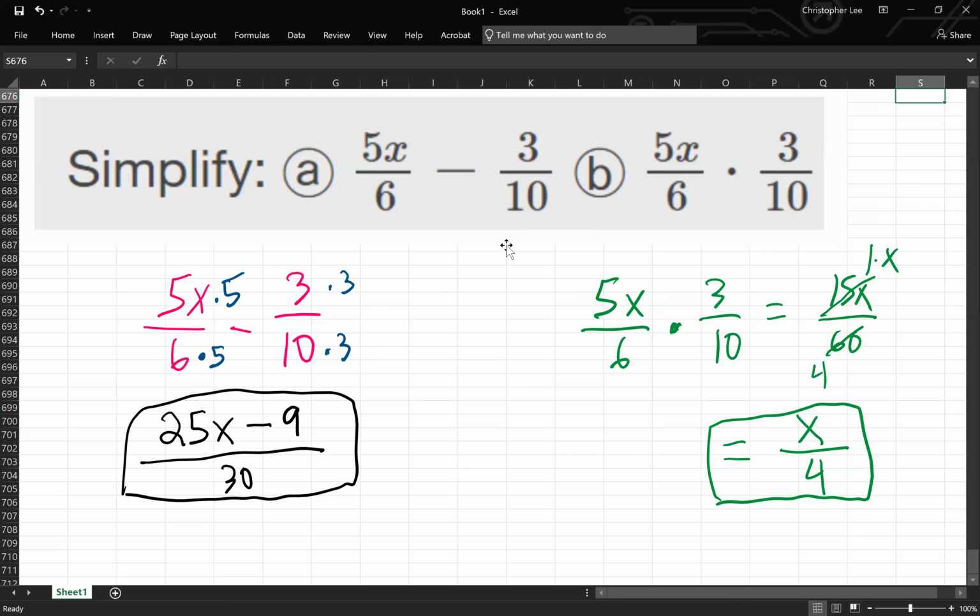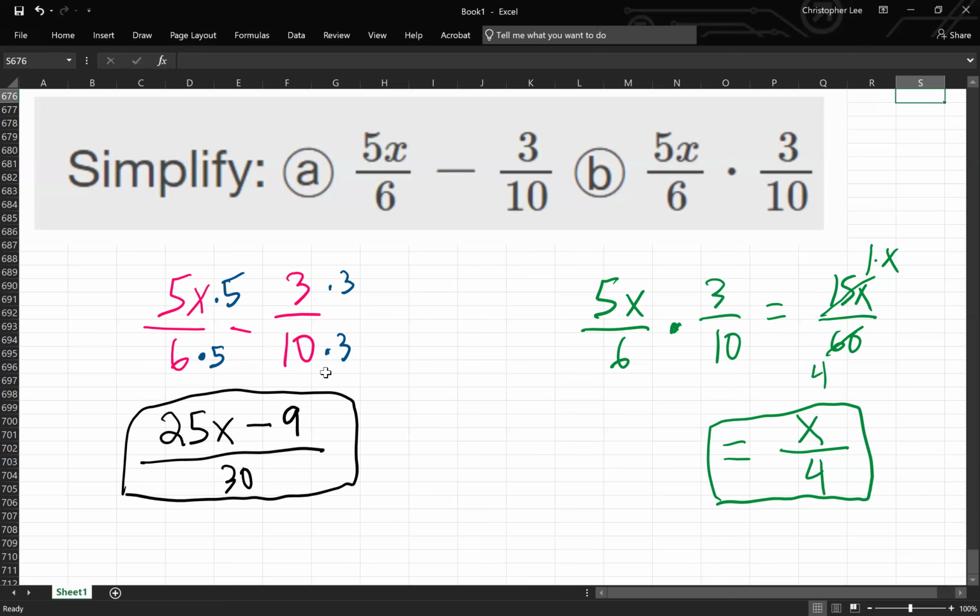And then you just have to make the denominators that you were given in the beginning into 30. So 6 times 5 is 30, but what I do to the bottom, I have to do to the top. So that's why I multiply the bottom and the top by 5. 10 times 3 is 30, but I have to multiply the bottom by 3. So what I do to the bottom, I do to the top.